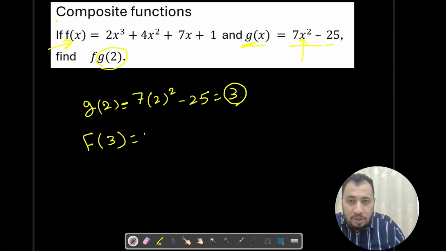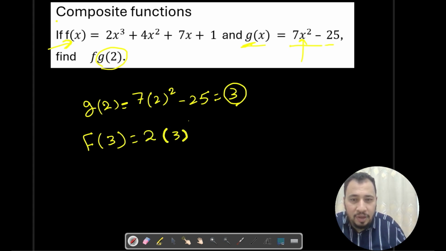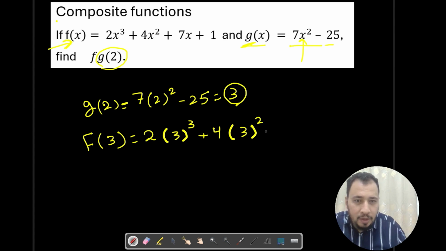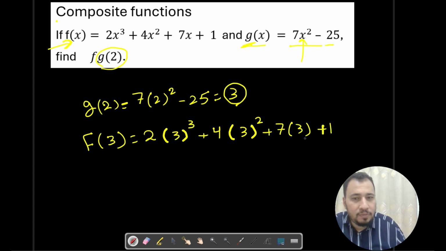So 2, open bracket, 3, power of 3, plus 4, open brackets, 3, power of 2, plus 7, multiply 3, plus 1.